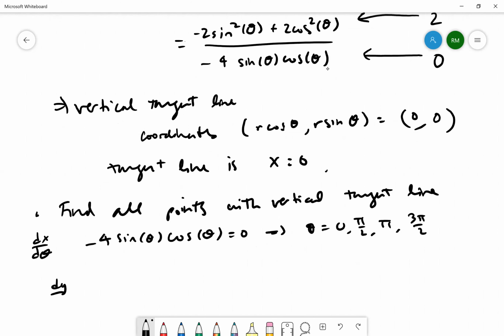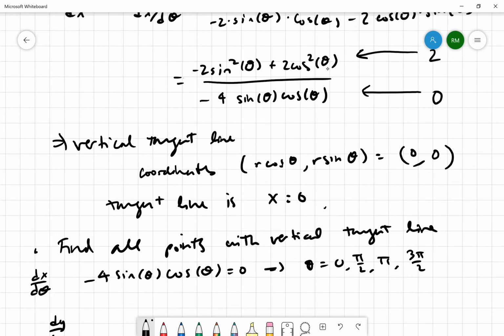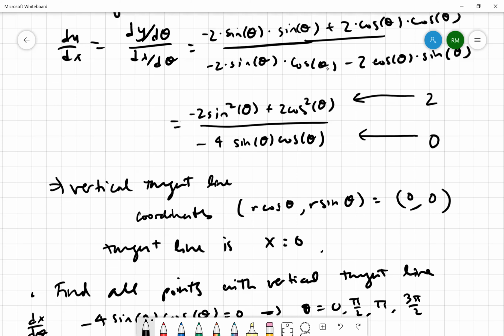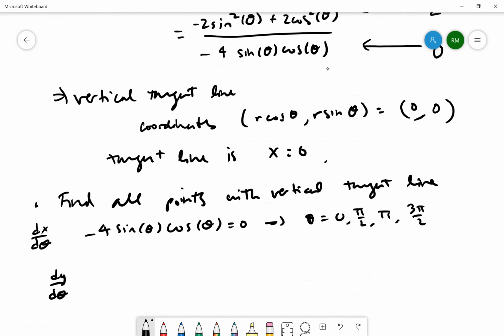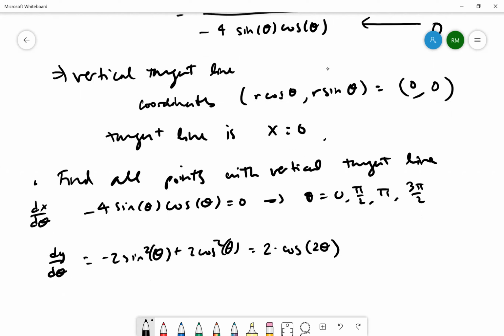what about dy d theta? That is negative 2 sine squared of theta plus 2 cosine squared of theta. Well, that's actually equal to 2 times the cosine of 2 theta. So when is this 0?